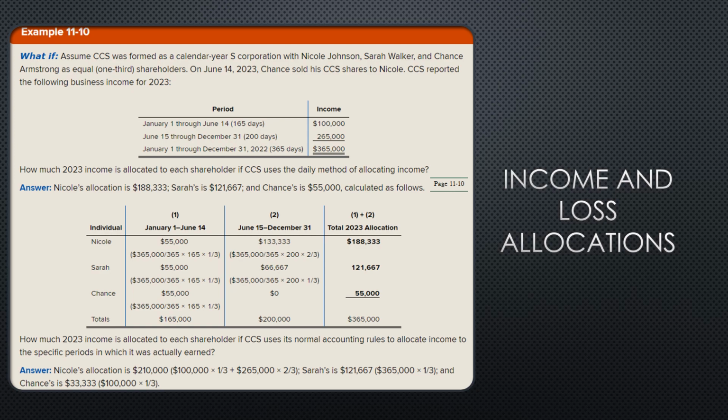Sarah's will be just 1/3 of the whole thing because her share didn't change. And then Chance, since he sold his shares on June 14th, he wouldn't take any of this, so he will only have 1/3 of 100,000, or sorry, 33,333.